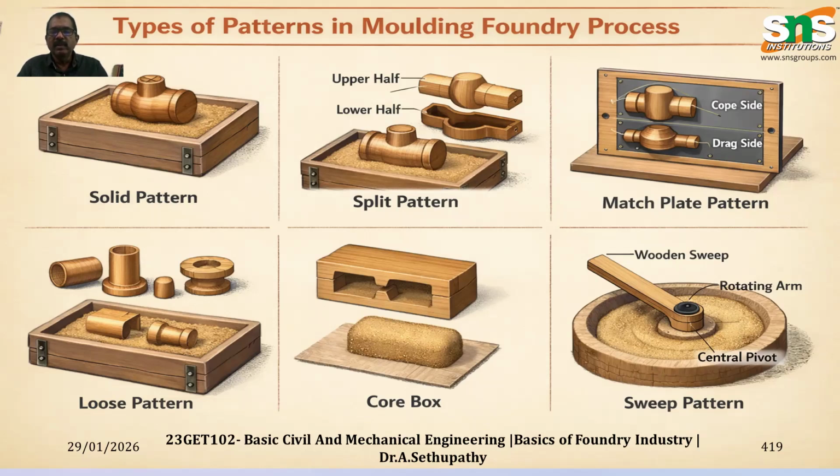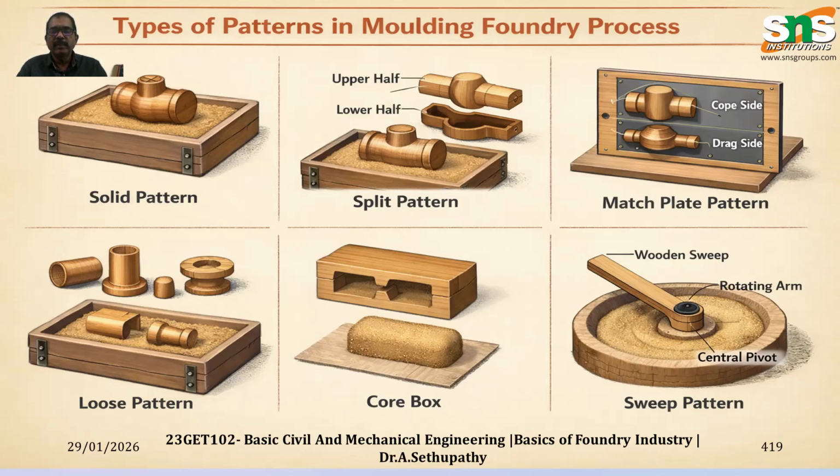Another one is the sweep pattern, used for components like two-wheeler rims and automobile rims. For these components, the sweep pattern is used to make the molds. It has a 360-degree rotating arm, centrally fixed at a pivot point, and we make the molds in the mold boxes.